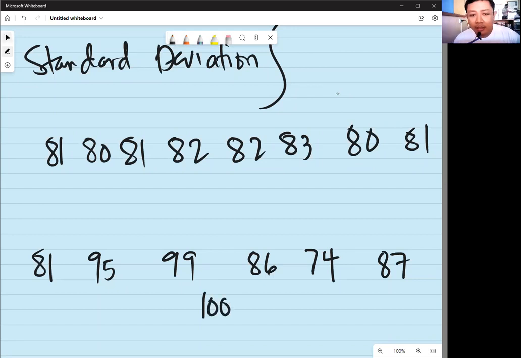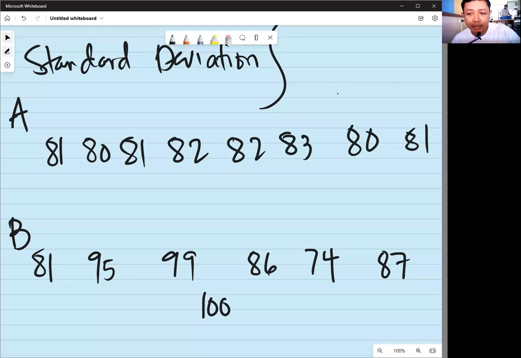Looking at the given sets of data, this is data letter A and this is data letter B. Which of the two sets of data is widely spread? Is it the A or the B?